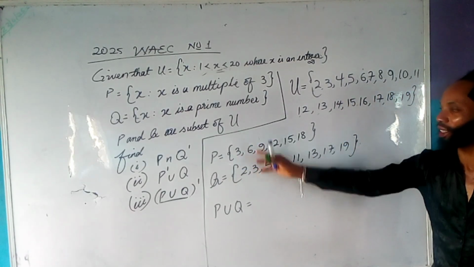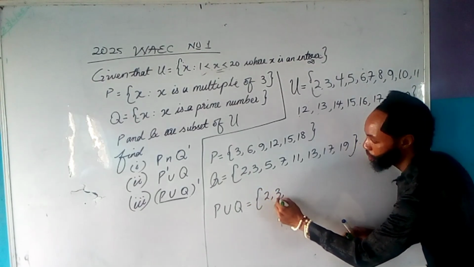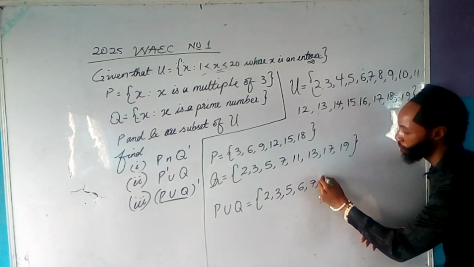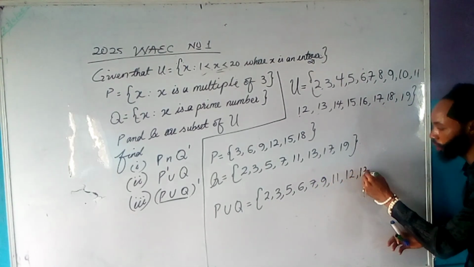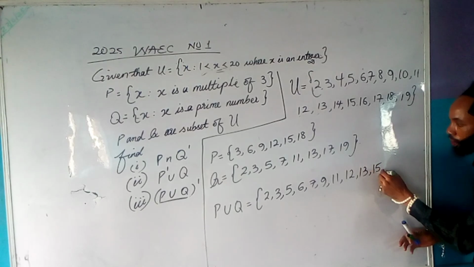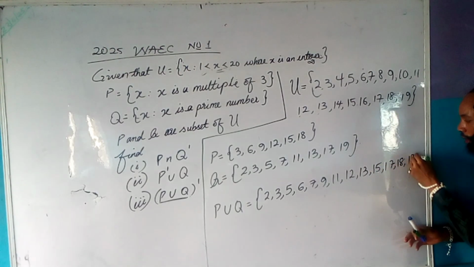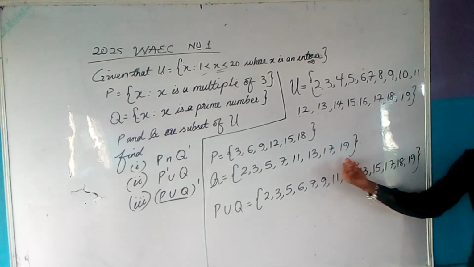Now let's get P union Q. We're taking everything in P and Q. So let's go. We're taking 2, 3, 5, 6, 7, 9, 11, 12, 13, 15, 17, 18, and 19. We have 19 in Q, right?